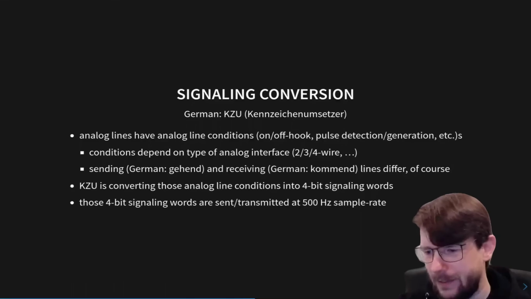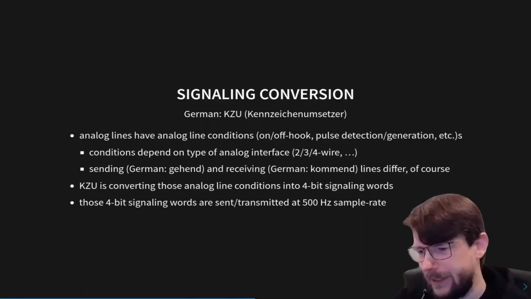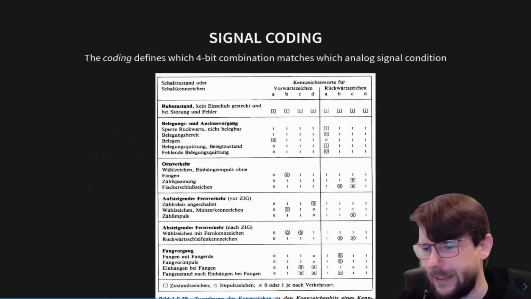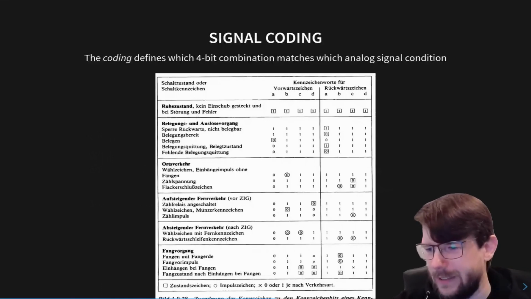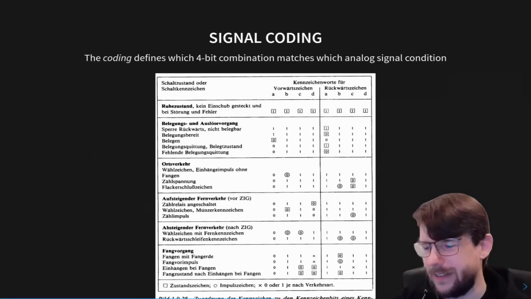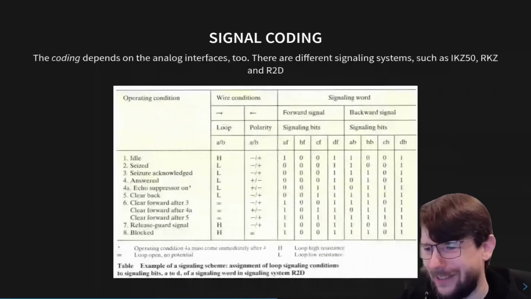The Kennzeichenumsetzer is converting those signals to those signal words. The 500 hertz rate I already stated. And there's different signal coding that defines what those bits mean. That's a German diagram from a book that doesn't actually say for which analog interface it describes this, which I find quite funny.